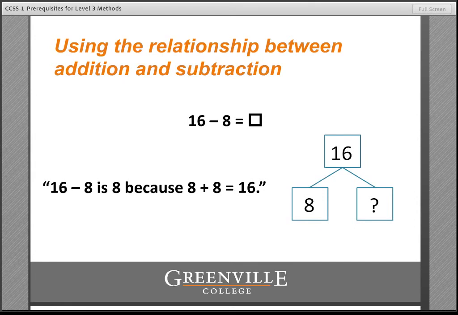And if you can think of it in those terms, you can see, oh, 8 plus 8 is 16. Because very often children have that double fact very readily available before they are expected to have fluency with 16 minus 8. The whole idea then of this strategy is if I know the complementary addition fact, I could easily convert this subtraction problem into an addition problem.